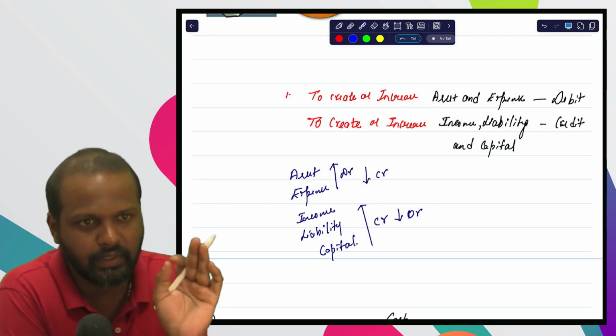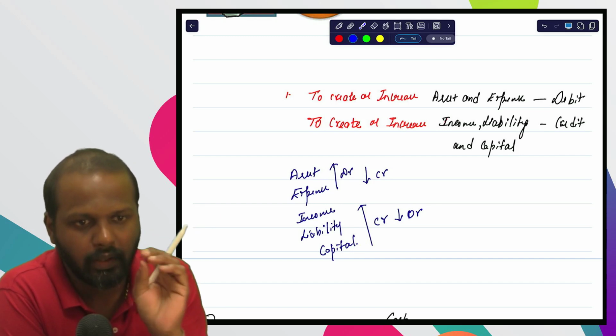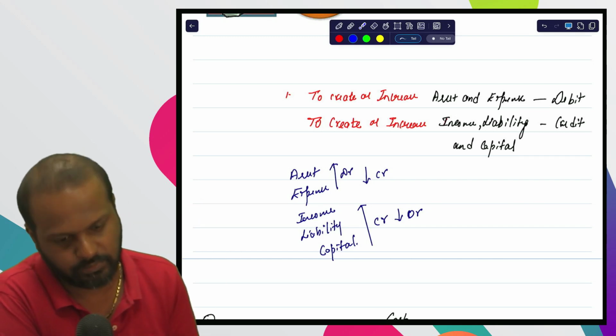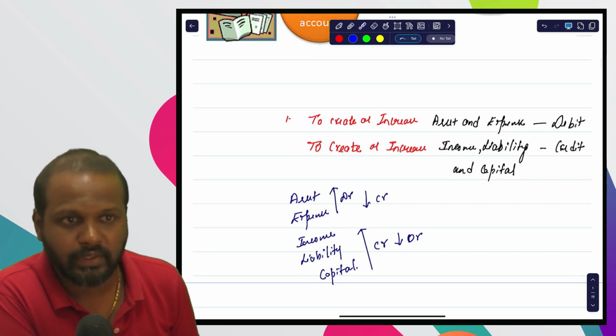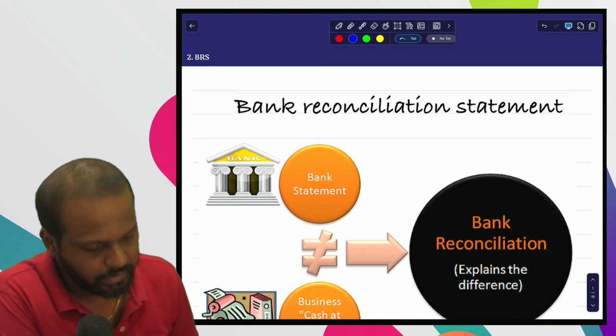So you just remember this much. Asset, expense increase, we do debit. Income, liability, capital increase, we do credit. If they decrease, you need to do the reverse. I hope these basics are clear to you. Okay, now we'll get into the chapter.